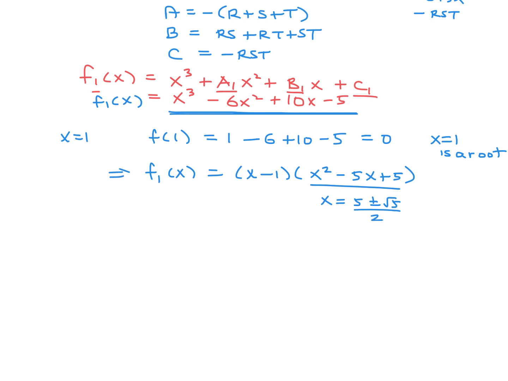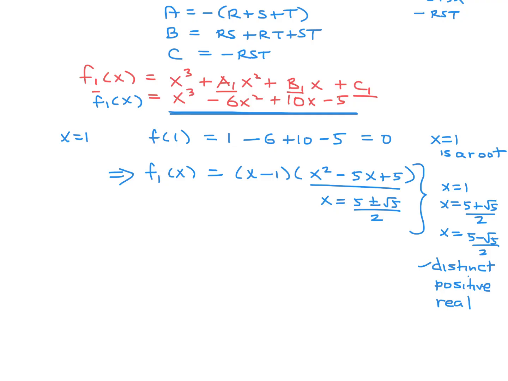So the three roots are x equals 1, x equals 5 plus root 5 over 2, and x equals 5 minus root 5 over 2. And these three are obviously distinct. They are all positive, and they are all real. So they fulfill the criteria.